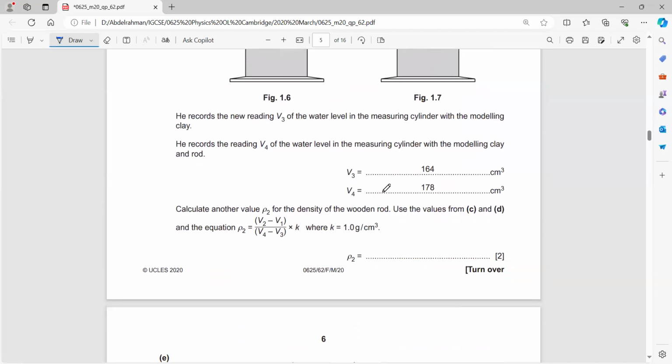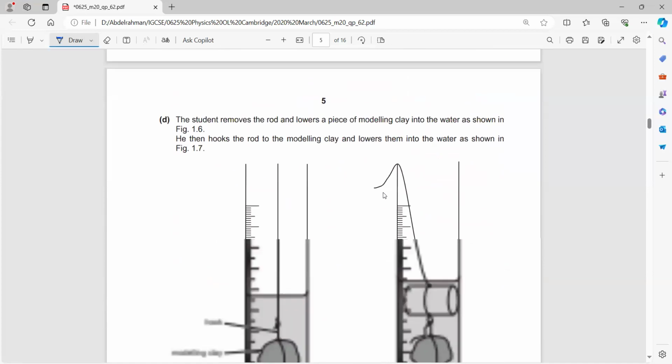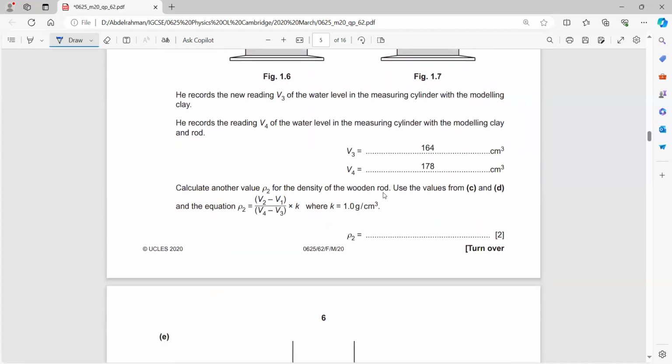Calculate another value for rho 2 for the density. Use the values of V1 to V4: V2 minus V1 over V4 minus V3. That's quite easy. V2 minus V1 was 152 minus 144, over V4 minus V3, 178 minus 164, times 1, basically. It would be 0.57.